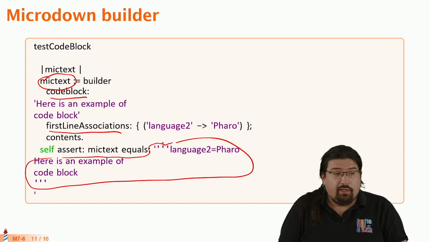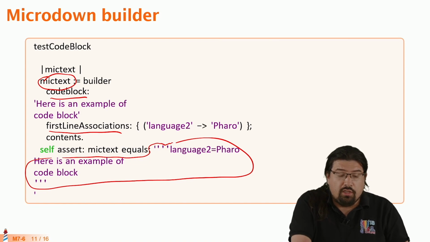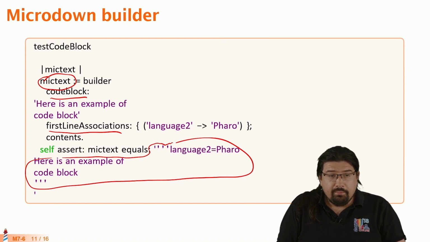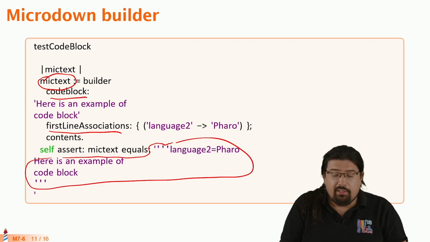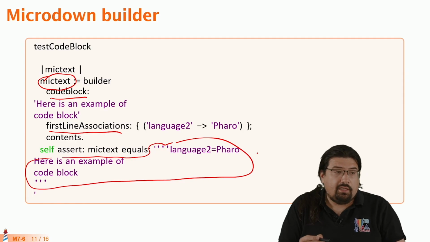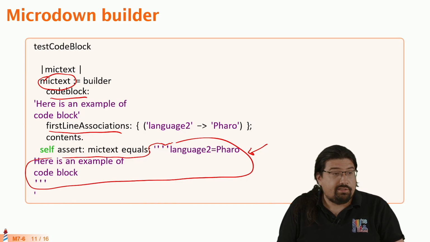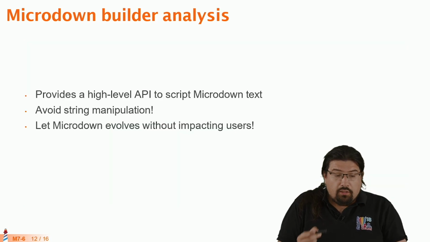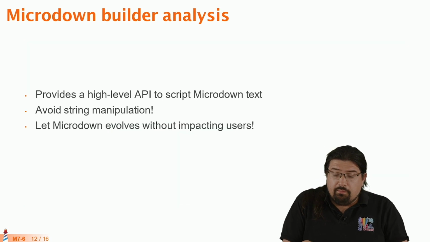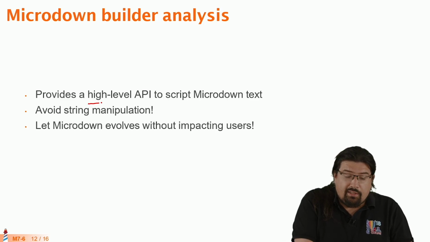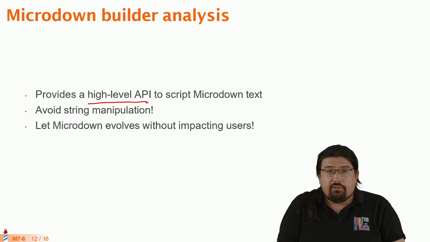So for the user, it's better to use these messages to talk in terms of what we want, and then the builder is at the end generating the Microdown text representation. As I said before, it's important to see that the API of a builder is the most important part.